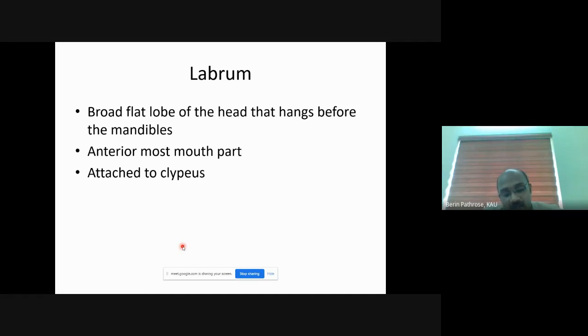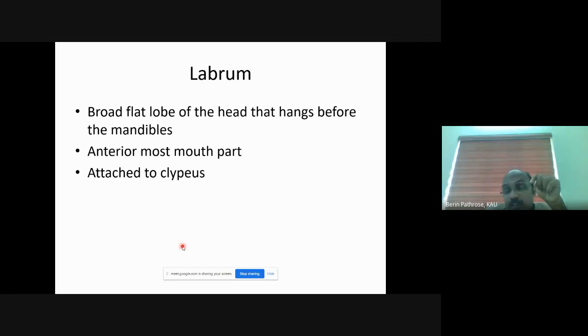In the last class you have seen in the anterior most part of the head we have the frontoclypeal area, and in the dorsal area we have frons, ventral area we had clypeus, and the labrum is attached to clypeus. And the labrum is the anterior most mouth part, the broad flat lobe of the head.